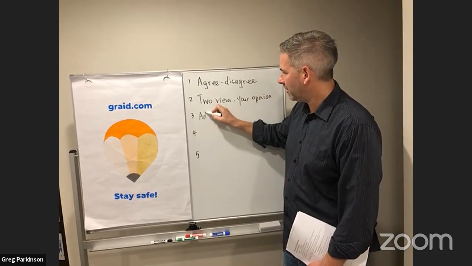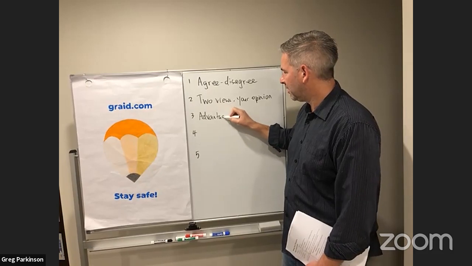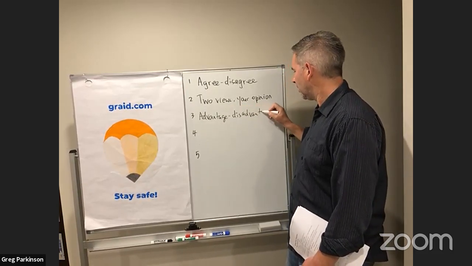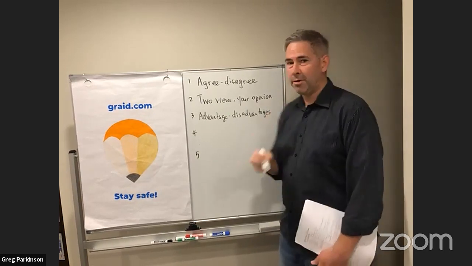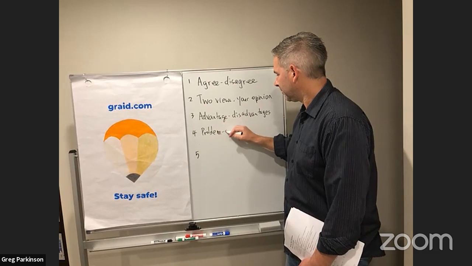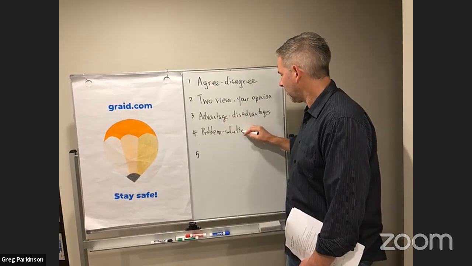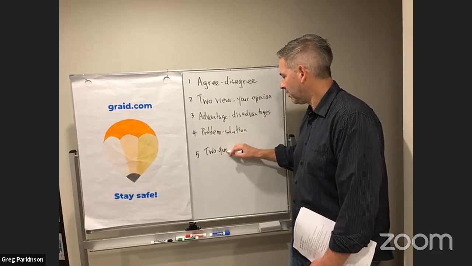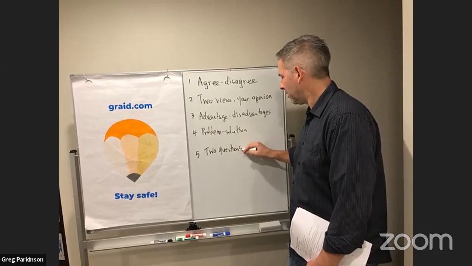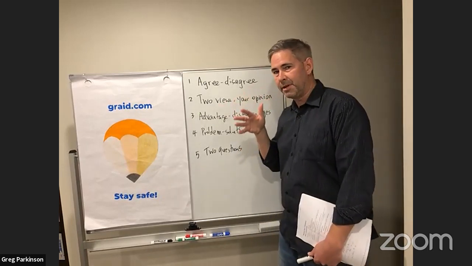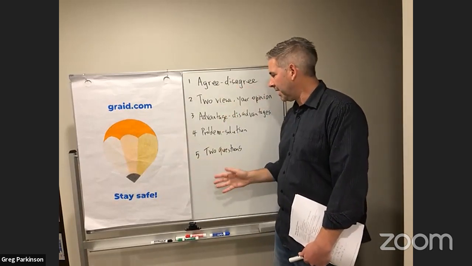Then advantages, disadvantages. You've already heard me talk about problem solution. And 2 questions. So these are the 5 different templates, the 5 different essay types that I'm going to cover today.